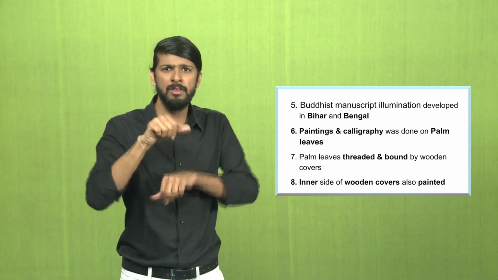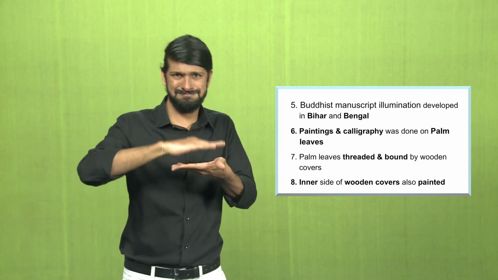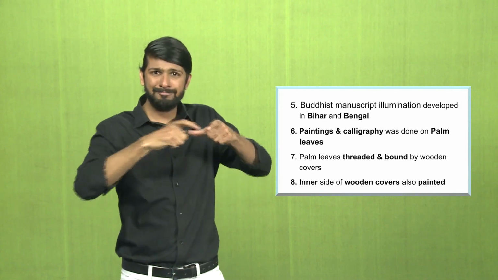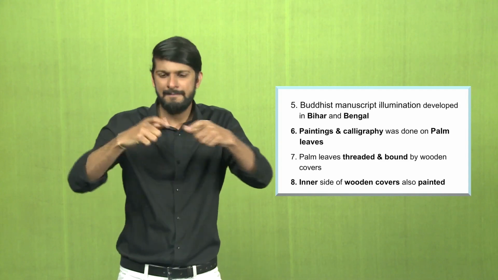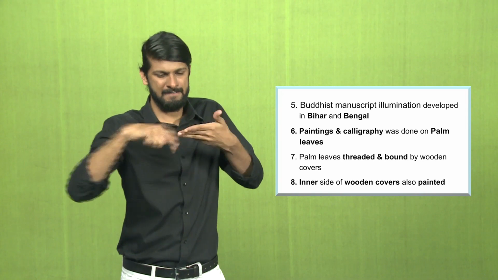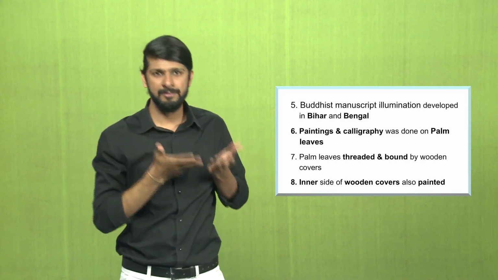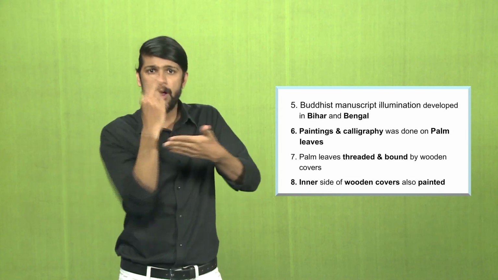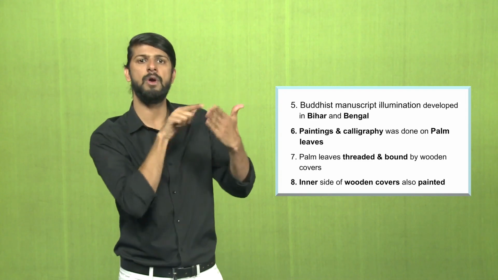The palm leaves had a process where, after the preparation, you would thread them and then bind them with wooden covers. Also, the inner side of the wooden covers was painted.